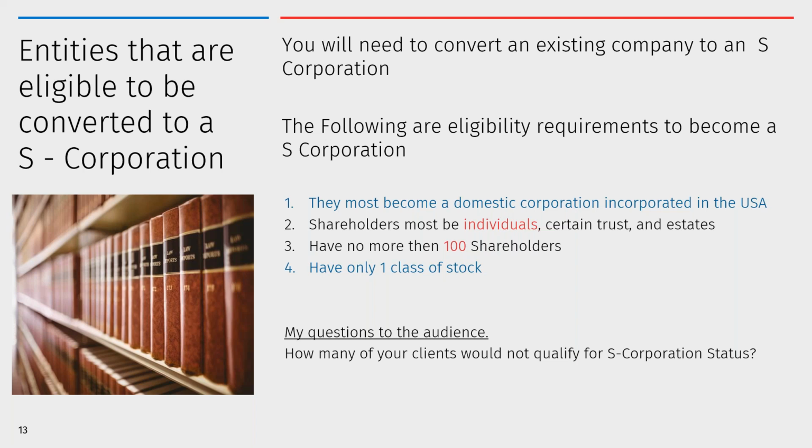So I don't foresee any of these being huge limitations. If you occasionally run into it, it's going to feel more like a one-off situation where you thought this person would be eligible and they're not. But the vast majority of your clients should be eligible based off these criteria that the IRS has given us.